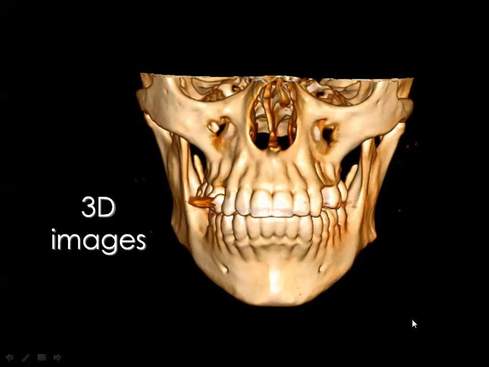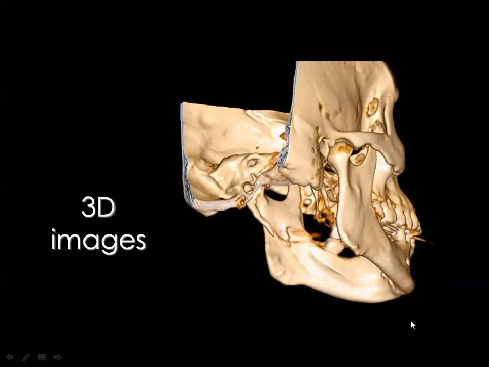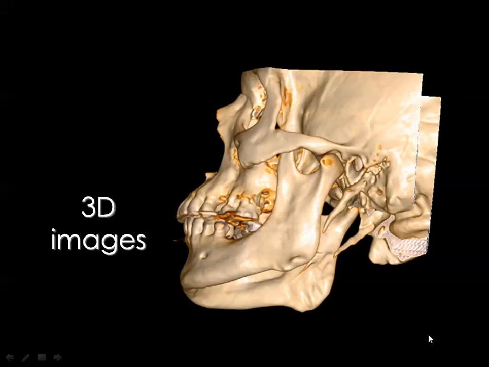And this is a 3D reconstructed image for the mandible, and you can see the ramus of the body, you can see the temporomandibular joint, the coronoid process, and you can rotate the images, of course, as you like. Then you can see the styloid process, you can see the temporomandibular joint, as well as the rest of the mandibular anatomy.